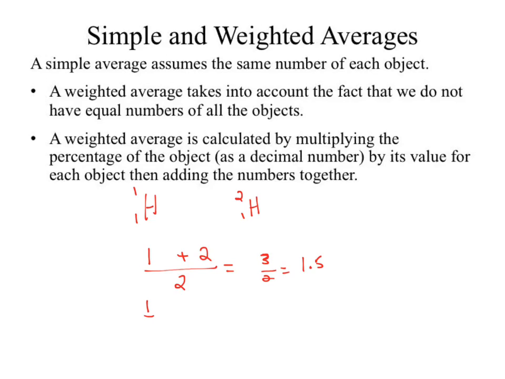What we are saying is this is 1/2 plus 2/2. Okay. Which is also the same as saying it is 1/2 times 1 plus 1/2 times 2. 1/2 as a percent is 50%, or 0.5 times 1 plus 0.5 times 2.